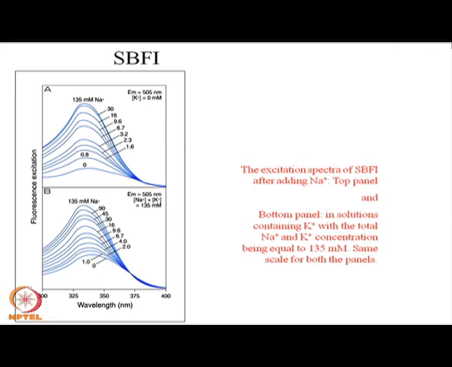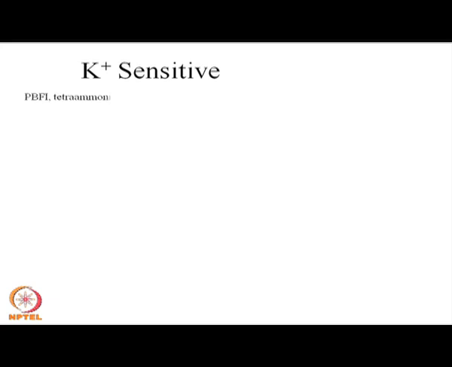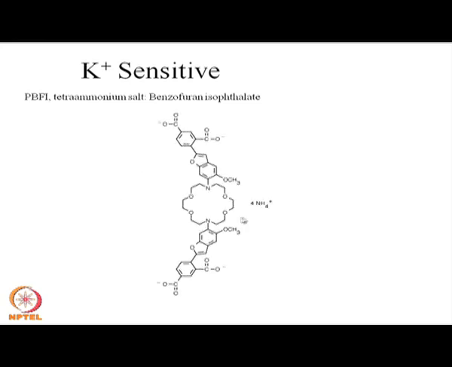Similar to this SBFI, there is a potassium sensitive system like this. The only thing is that in the case of SBFI, there were 3 oxygen atoms. I mean, this ring, how many members are there? 1 2 3 4 1 2 3 4 5 6 7 8 9 10 11 12 13 14 15 16 17 18 members.